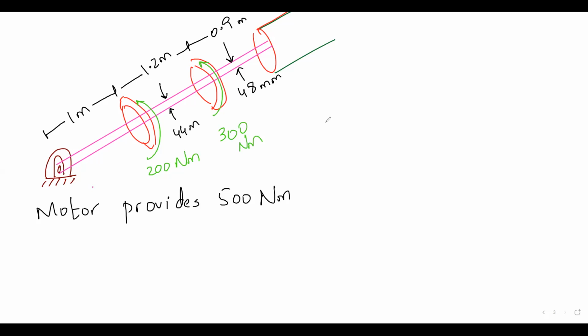Then what will be the direction of this torque, by the way? Why don't you tell me? Here it will be, right? Because it is providing the torque, for sure, opposite.